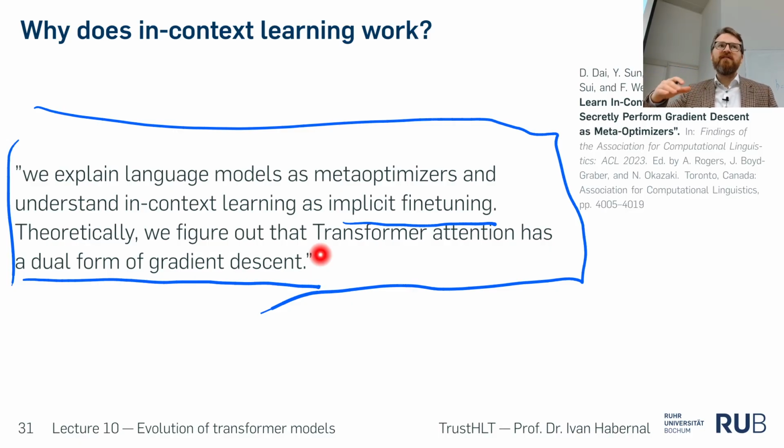Small models cannot do in-context learning for some reason. If you have a big enough model, they start to have these capabilities of in-context learning. And this is what makes these big models really shine, this ability to learn just from prompting. This is very interesting.